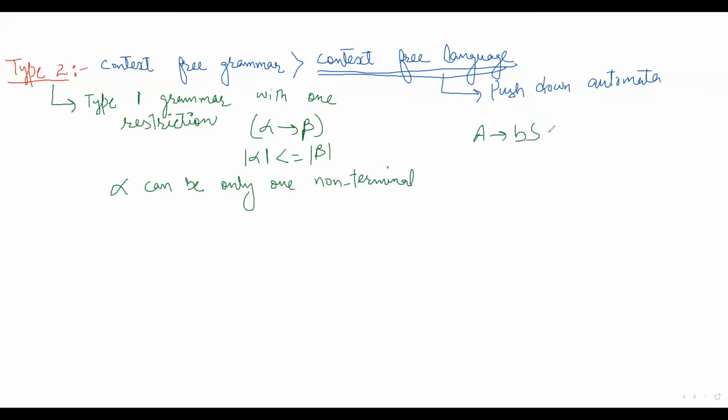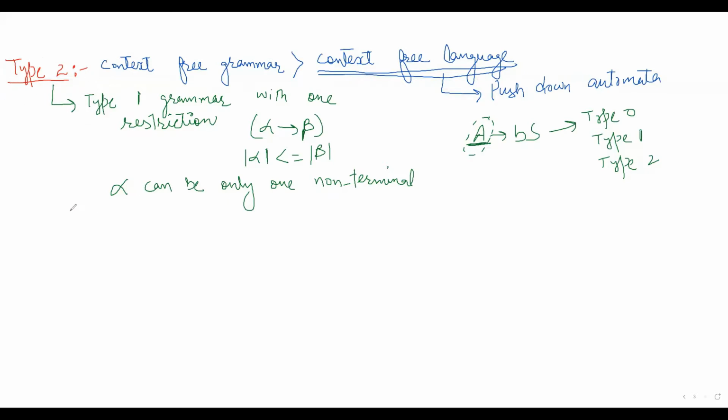This type of production rule is type 0 as well as type 1 and type 2, because in type 2 we are saying this left hand side should be only a single non-terminal.